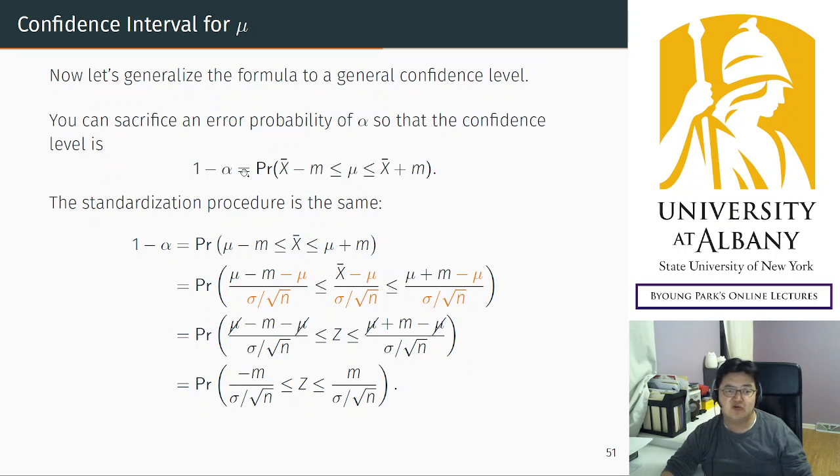This probability equals 1 minus alpha, and standardization is exactly the same. X bar should come to the middle, right? Standardize X bar, and it becomes the standard normal distribution. The other sides simplify to m over sigma over square root n. Plus minus m over sigma over square root n has probability 1 minus alpha.